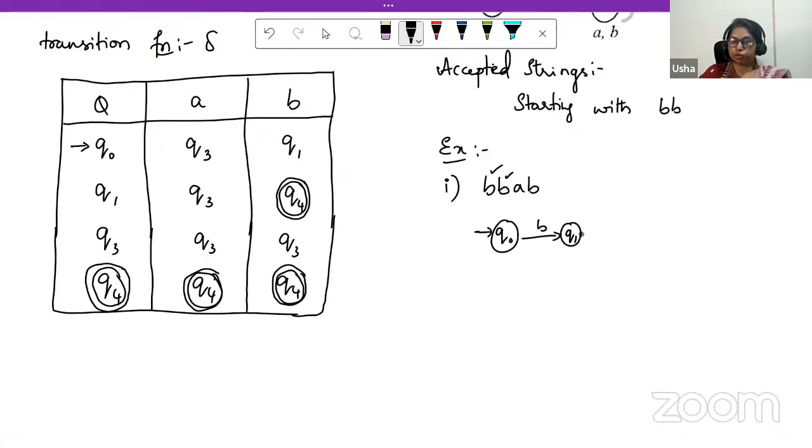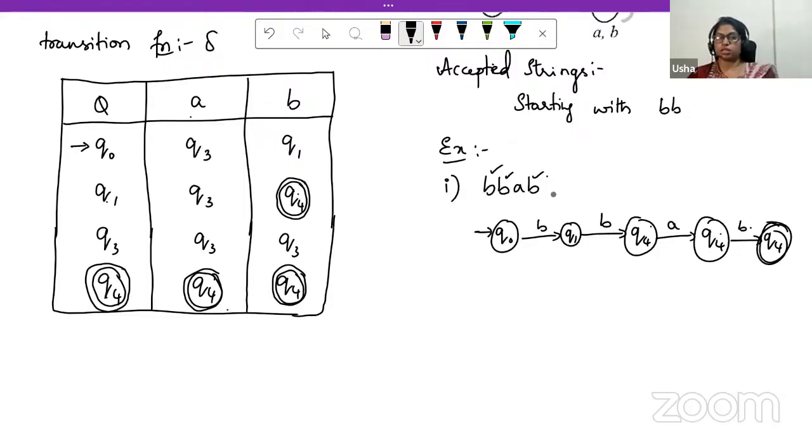Next input is B. From Q1 for B, it goes to Q4. Again, you have A. From Q4 for A, it stays in Q4 only. Then again B. From Q4 for B, it again stays in Q4 only, which is accepted. Therefore, BBAB is accepted by the given automata.